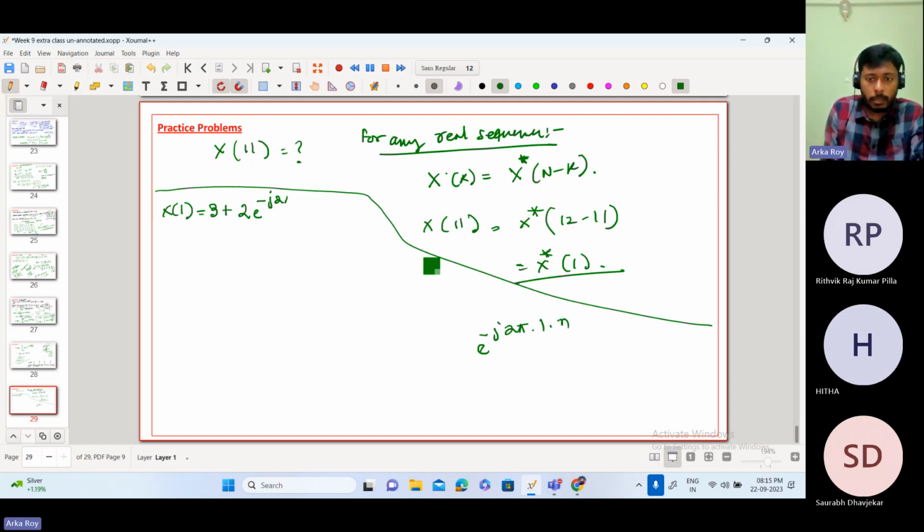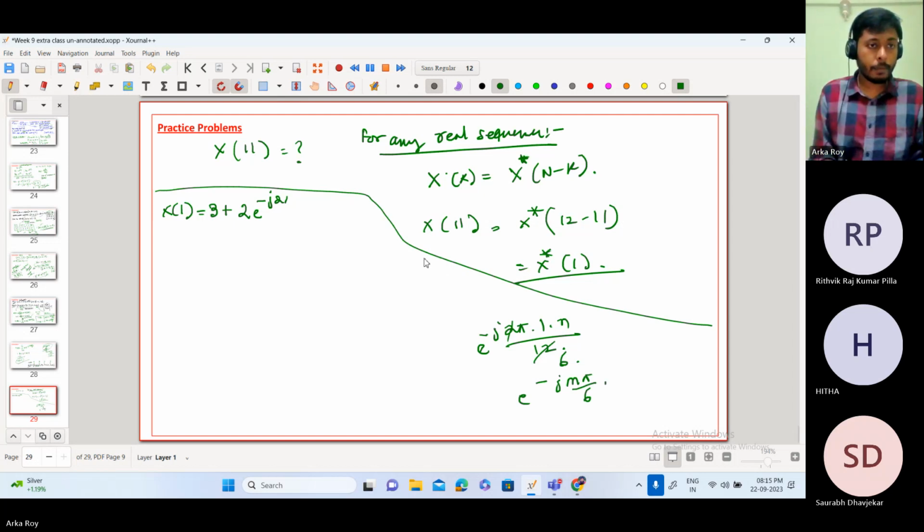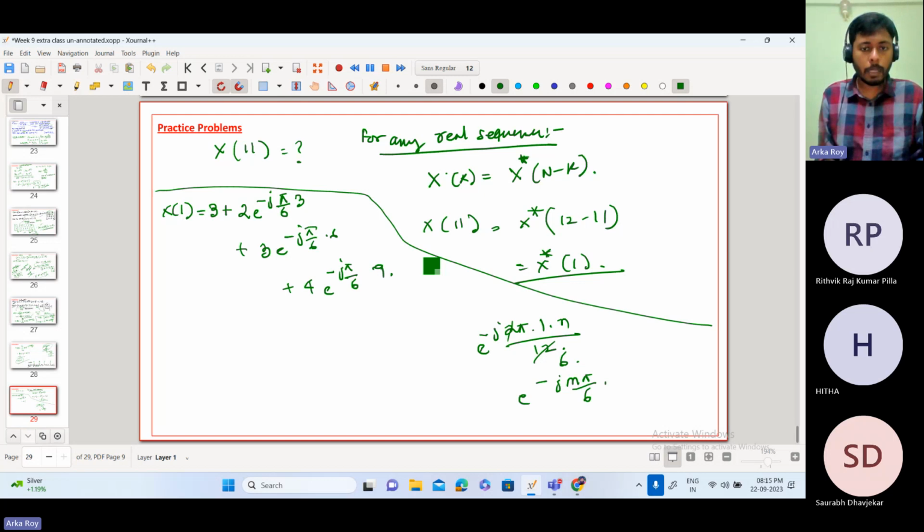And over here it is n and total is 6, so the factor will be e to the power j n pi by 6. So this will be 3, then 3 e to the power minus j pi by 6 into 6, and then 4 e to the power minus j pi by 6 multiplied with 9.